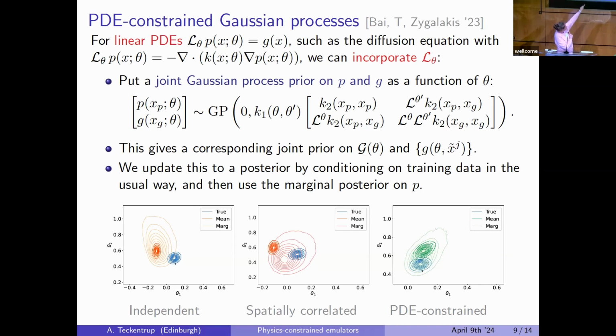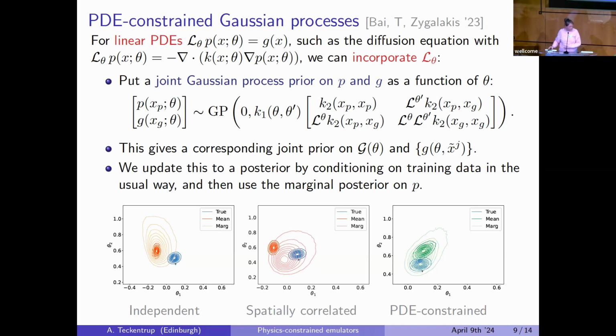So we're solving L, P is G. So you can put a joint prior on P and G, and because P and G are related through the PDE, that's how you get the PDE operator into the Gaussian process, right? So the PDE operator L, you can see then appears in the covariance structure, and that's really how you get it in. And that's how you can then do this inference, and that's how you get the improved inference that I showed you on the right-hand side here, right? You can do something that's a bit cheaper and kind of in between the two things in the middle plot, but I'm not going to be talking about that now.